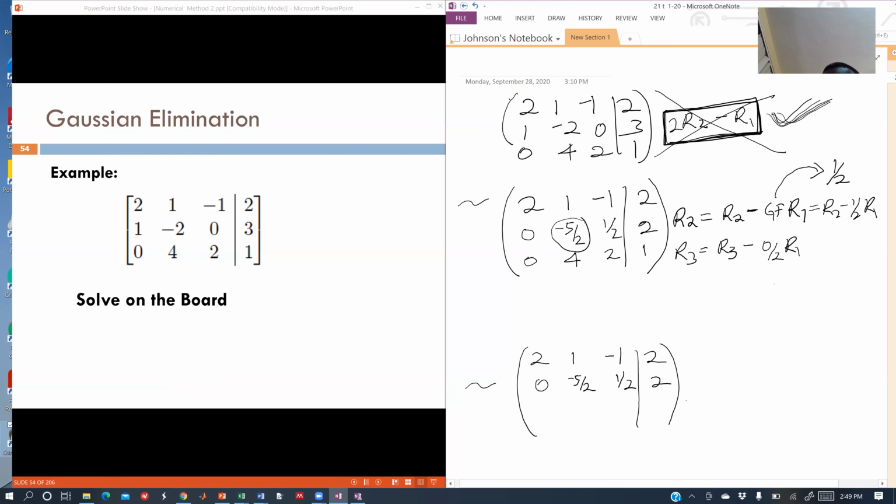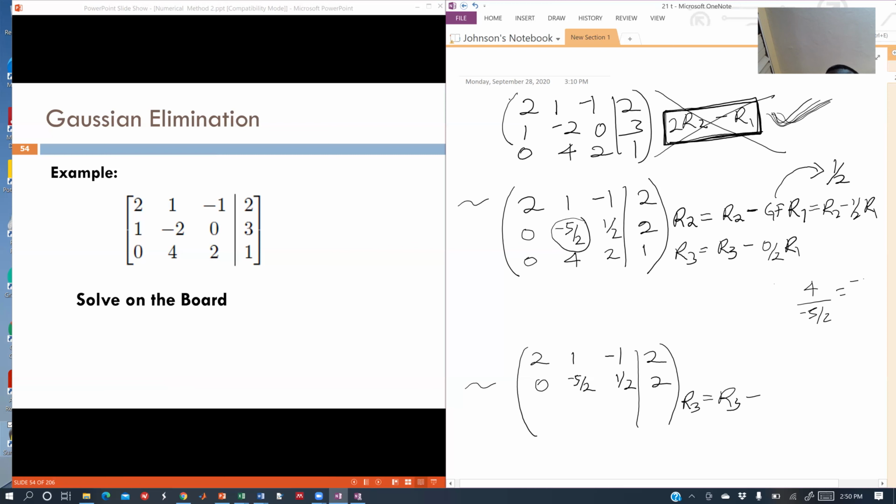So in row 3, now our row 3 is actually equal to the old row 3 minus, what is the Gaussian factor at this stage? It is going to be 4 divided by negative 5 on 2.